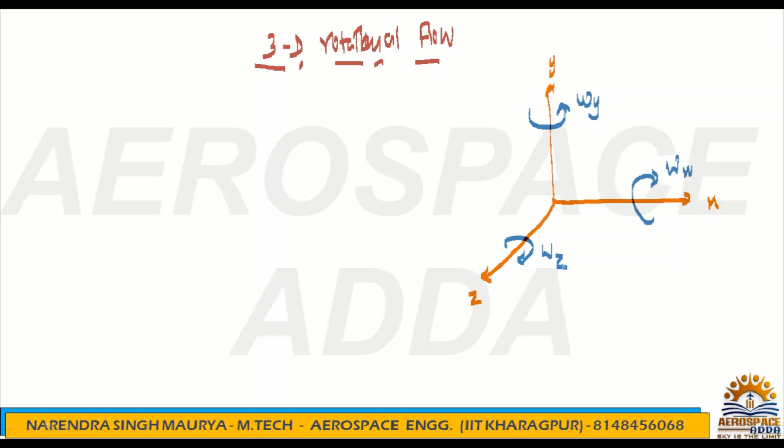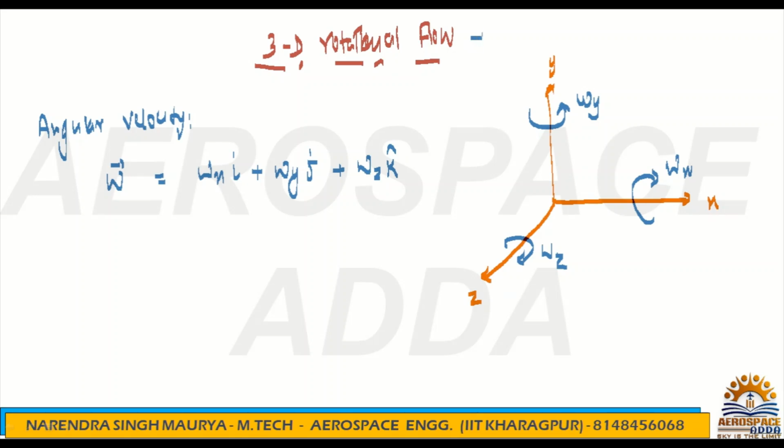So in this situation, what will be the angular velocity? Angular velocity omega is nothing but omega x i, omega y j, omega z k, right? Because we are writing 3D rotational flow in vector form, it will be omega x i plus omega y j plus omega z k.